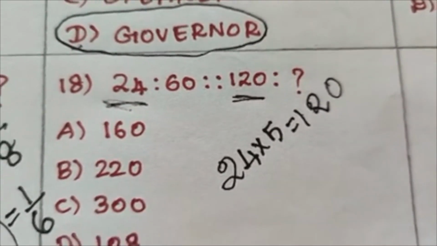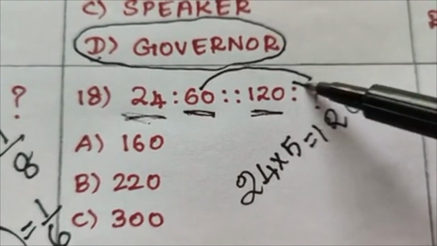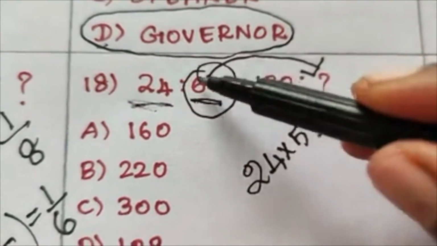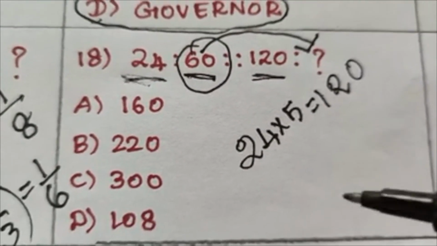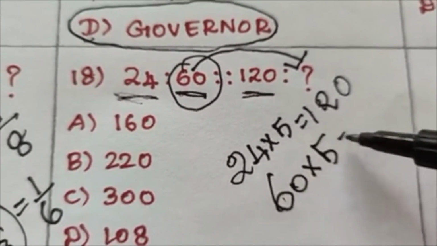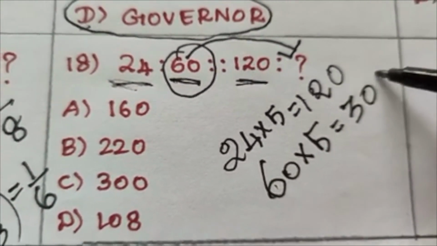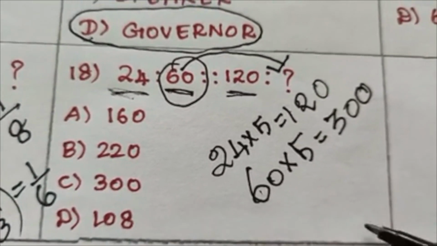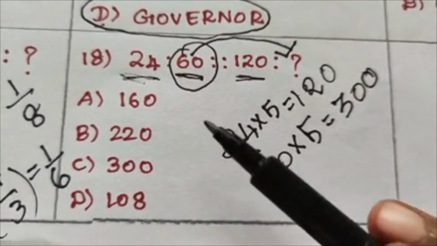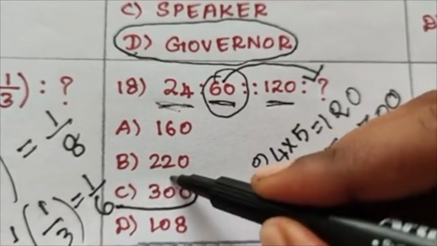So similarly, the second term 60 is related to the fourth term: 60 into 5, which is equal to 6 5s are 30, here 1 zero, so I put 0. 60 into 5 is 300. So the right answer is option C, 300.